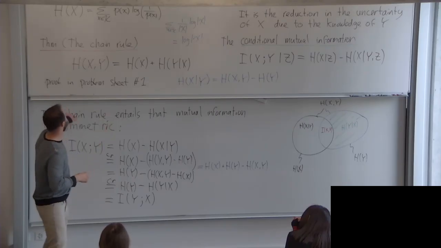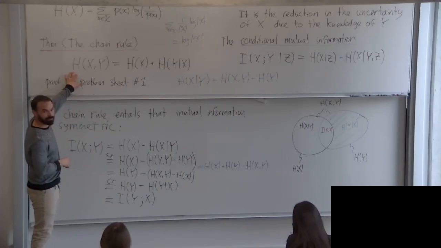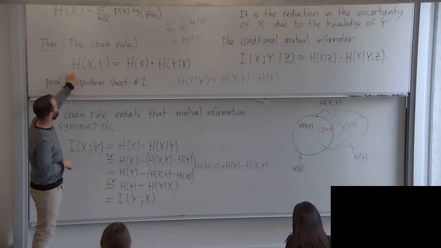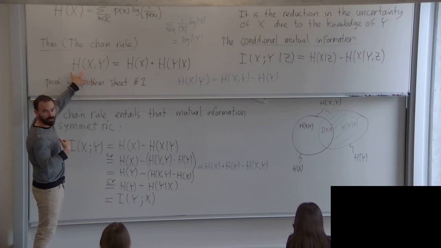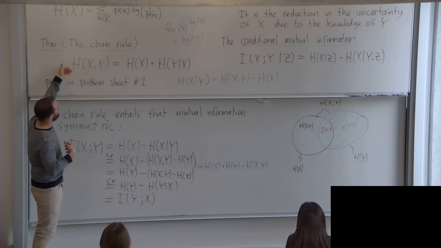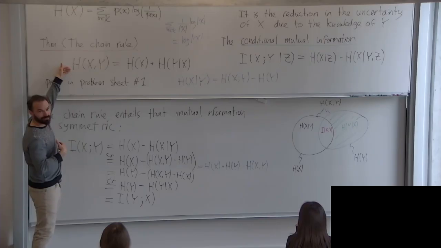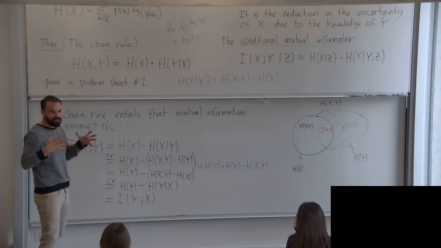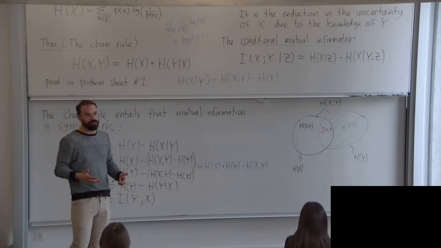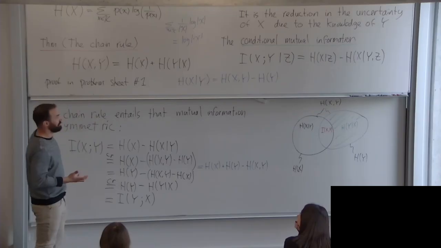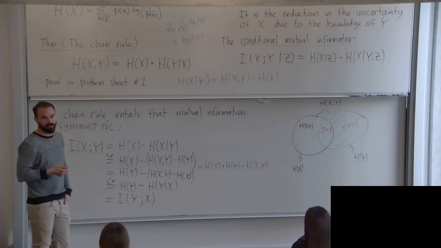And there will be a notion of the chain rule. As I said in the first course, the analogue of Shannon entropy will be Kolmogorov complexity, or algorithmic complexity, and this relation will crop up again. So this is probably my motivation to introduce those notions, so that you're aware that they have a meaning in the probabilistic setting, and we will revisit it in the context of algorithmic information theory.